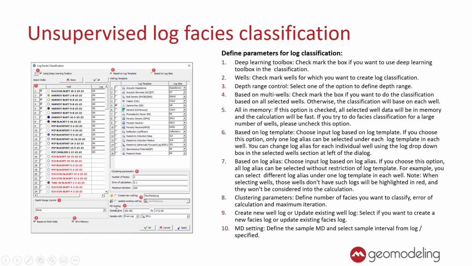And the last is the MD setting, which is to define the sample MD and select sample interval from log or specified. After you set up all the parameters, you can hit OK, and then it will generate the facies log for the wells you selected.